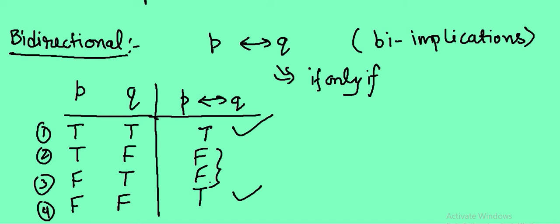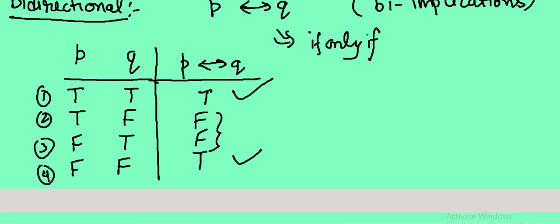So this is it for this class, but before closing I want to show you that in one of the exams they asked you to construct a truth table for this statement.